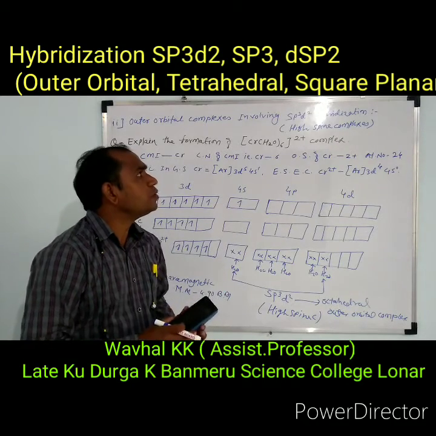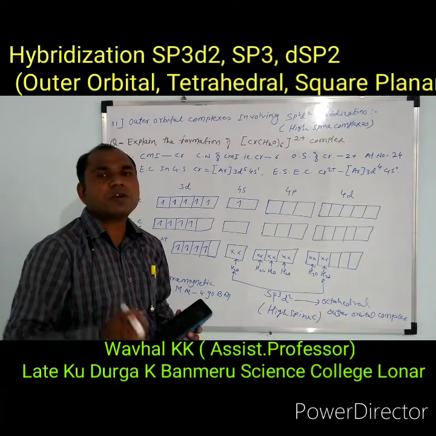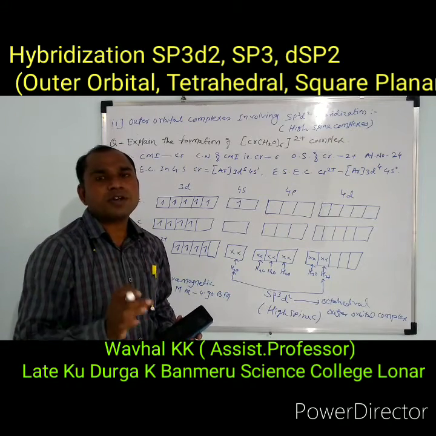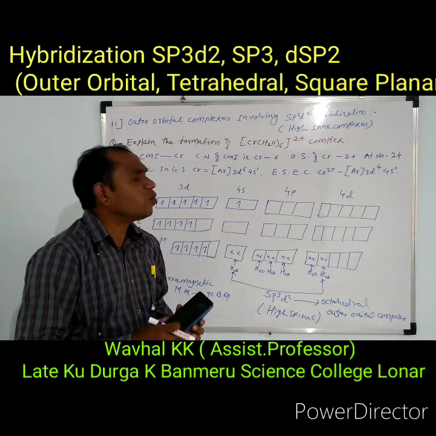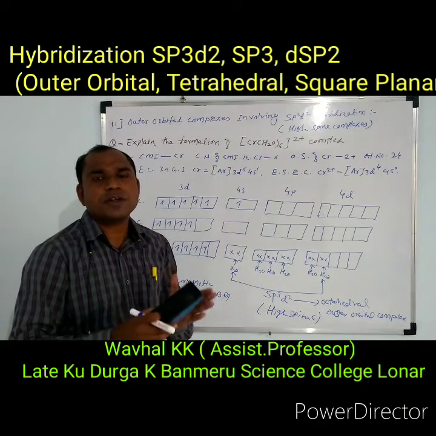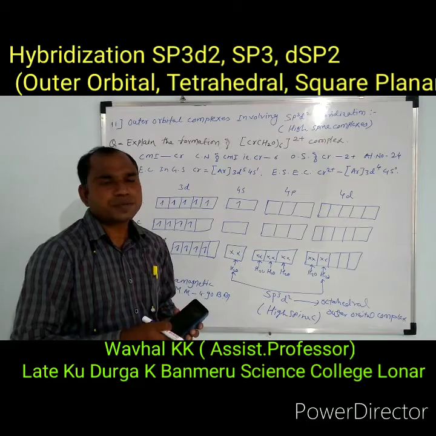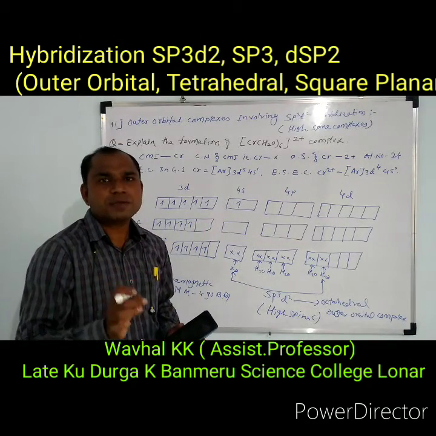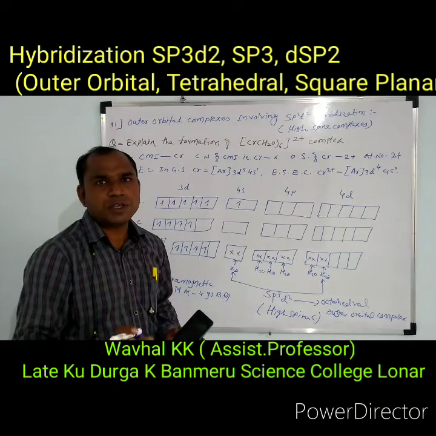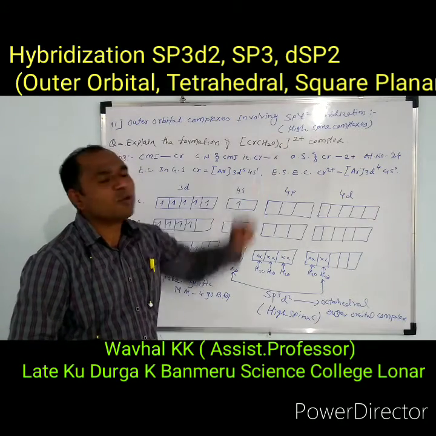High spin complexes means the magnetic moment of the complex is not decreased, or is the same as that of the free ion. If the magnetic moment of the free ion is 5.90 BM, then in the complex also the magnetic moment is the same, 5.90 BM. It is called a high spin complex.